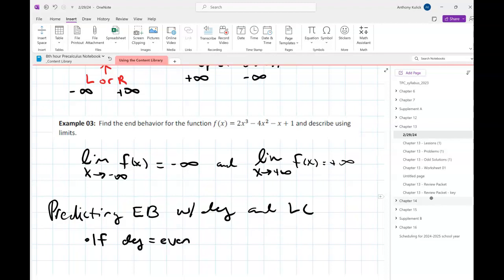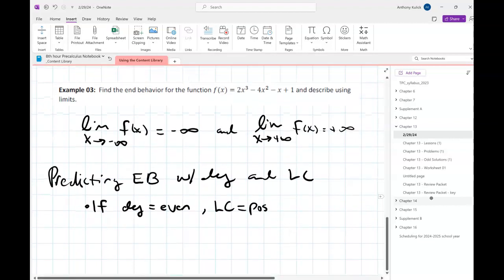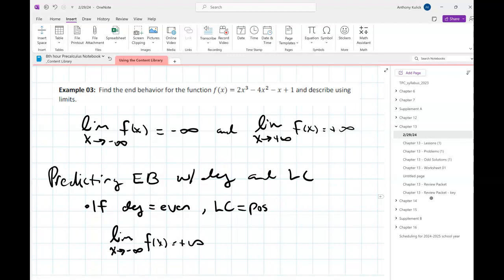So if the degree is even and the leading coefficient is positive, my left arrow is going to point up, and my right arrow points up. The way I want to think about this is just the graph of y equals x squared.